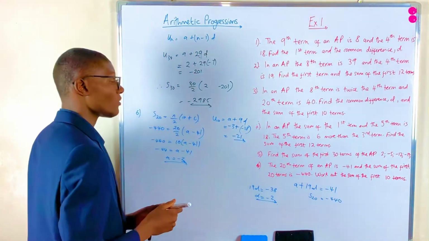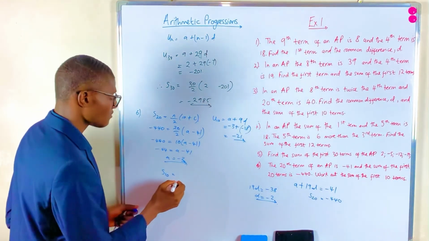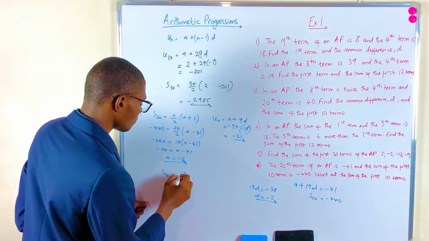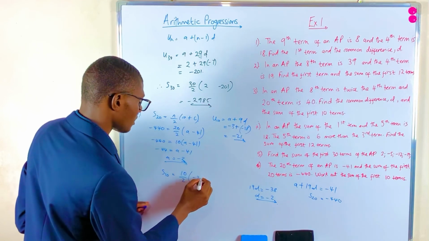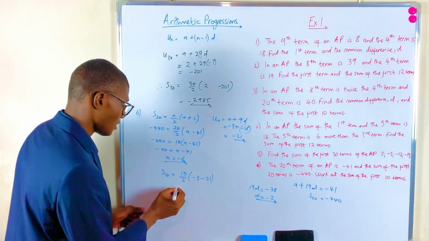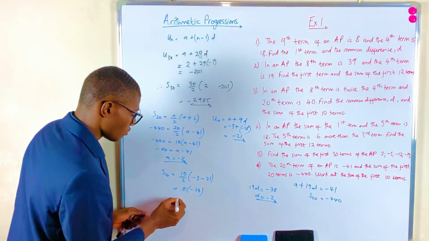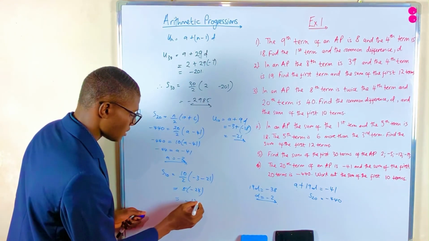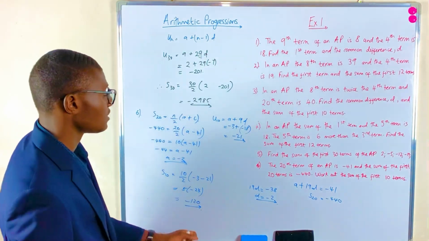So minus 21 is the 10th term, and therefore the sum of the first 10 terms would be n over 2, which is 10 over 2, first term minus 3, minus 21. Alright. And this would be 5 times minus 24 to give us minus 120. So minus 120 will be the sum of the first 10 terms.